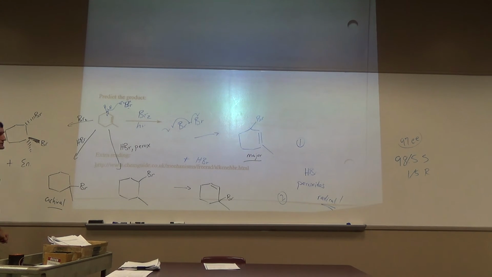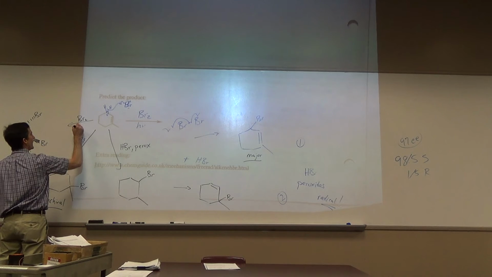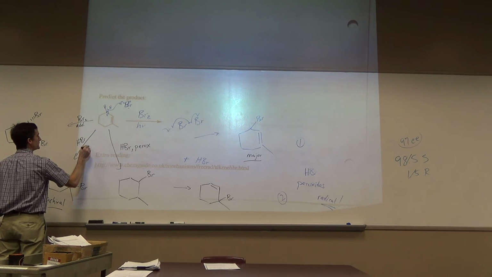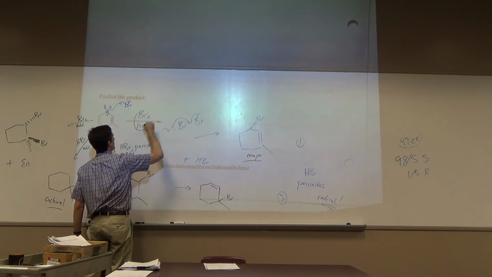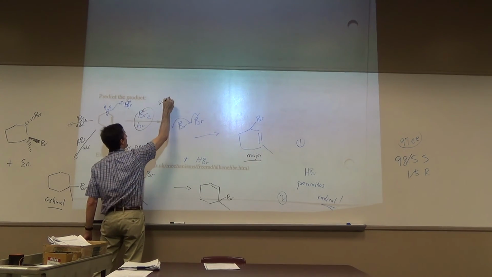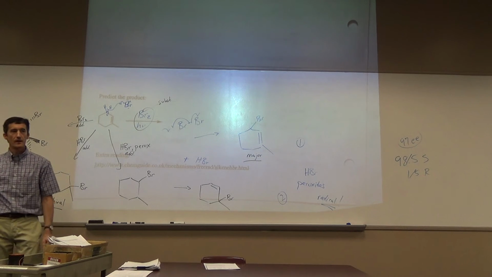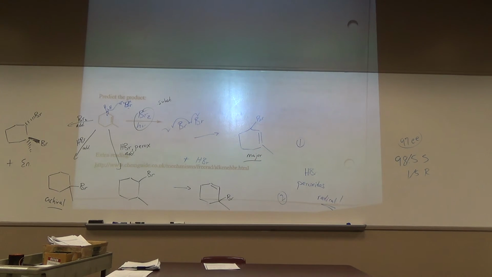Classify these reactions as addition or substitution. That's addition, addition, that's addition, that's addition. This is substitution. Maybe that's a consistency. Is Br2 with light always a substitution? I think it is.